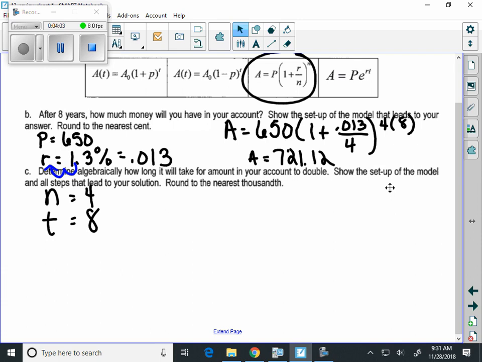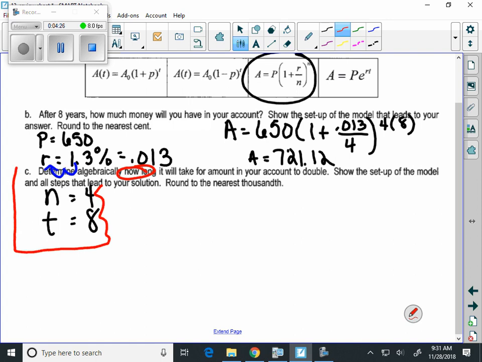So now, part C. Determine algebraically how long it will take for the amount in our account to double. The important words right there are how long. That means that we don't know the time on this one. But we do know the A, because it says how long for it to take our money to double.